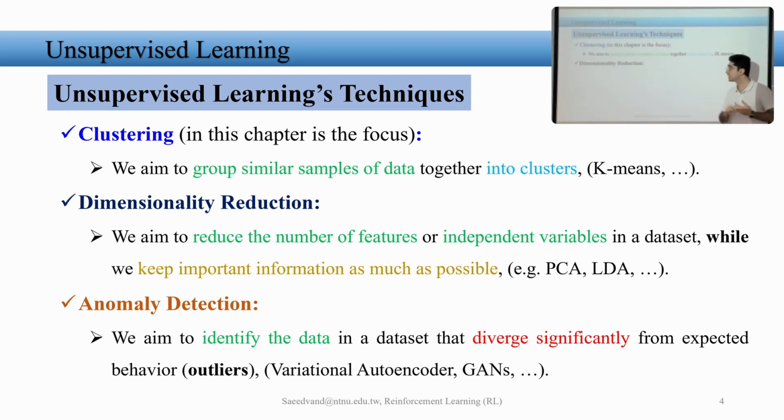So dimensionality reduction is to reduce the dimension of data. That is very common in image processing, reducing the dimension of the image that we have. Also today I will show you one example of how we can use these techniques for dimensional reduction of, for example, an image. We will see.